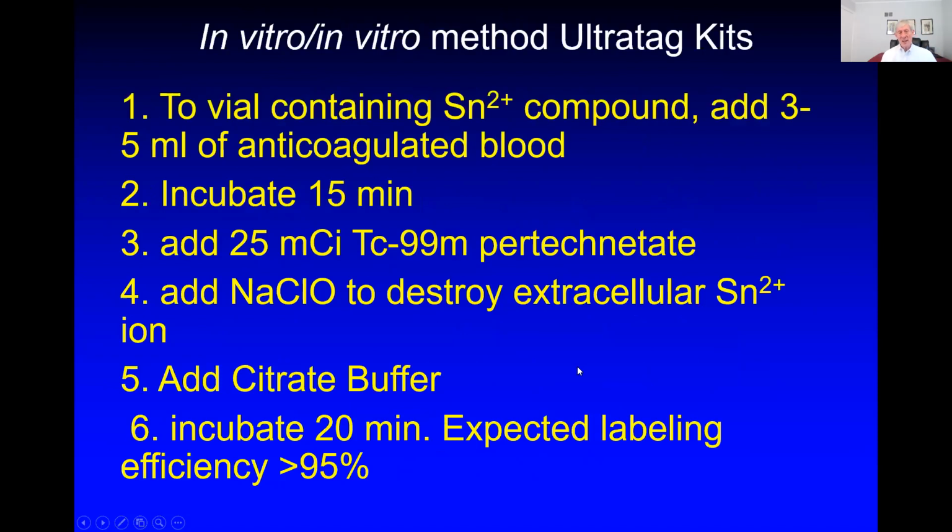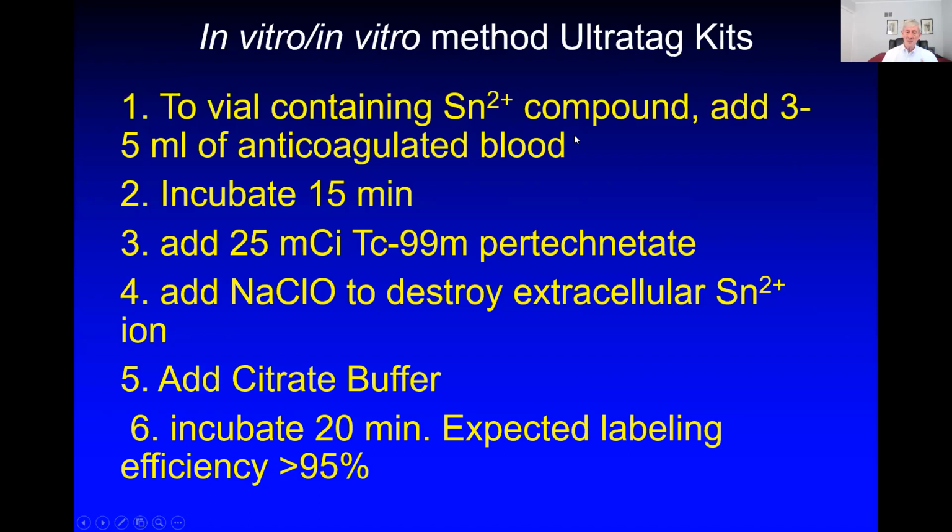So the last test I want to talk about is the UltraTag kit. And this is the way we would do this. It's a vial, and that vial contains about 50 micrograms of tin, not 1 or 2 milligrams, but 50 micrograms. That's enough to tin 5 or 10 milliliters of blood.